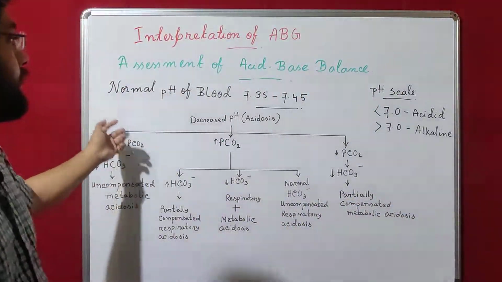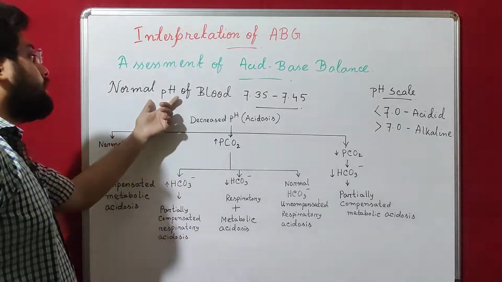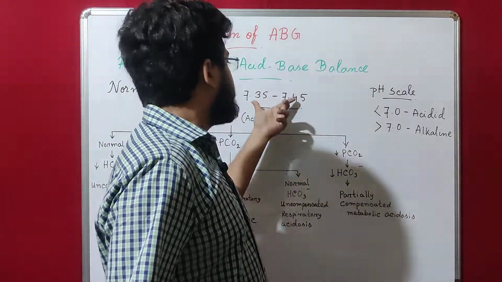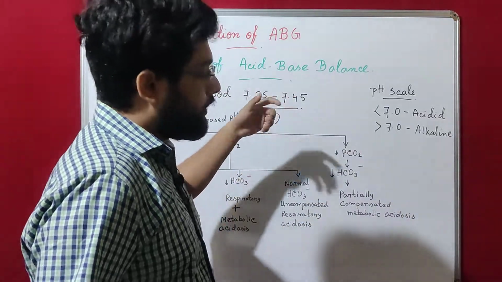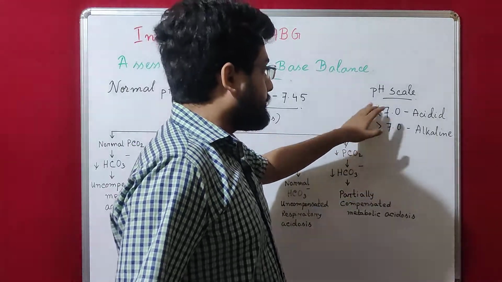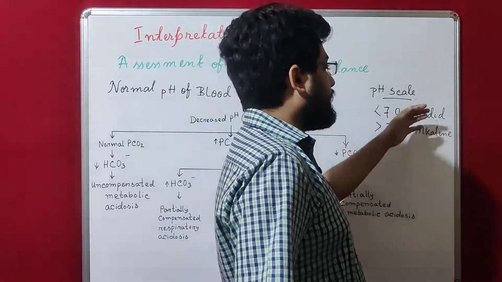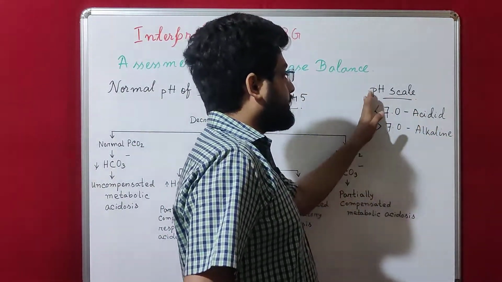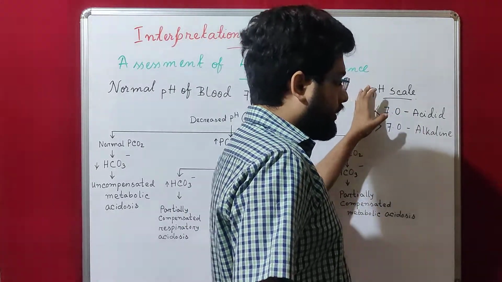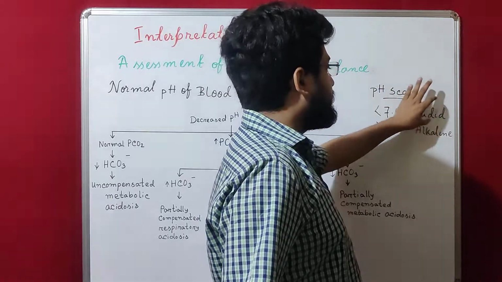But for human blood, the normal pH is 7.35 to 7.45. So just as in the pH scale, when the pH is less than the standard unit, it is considered acidic.